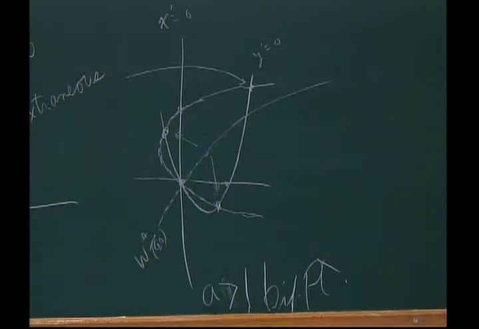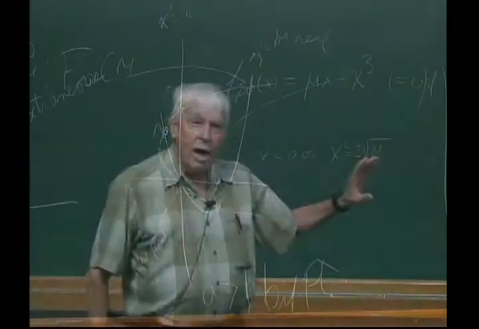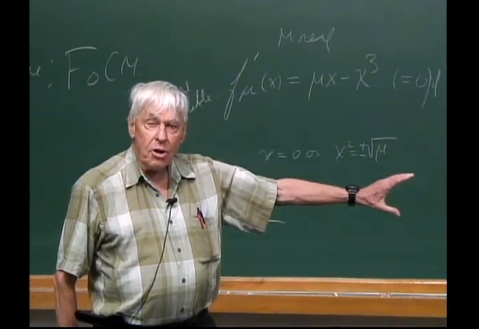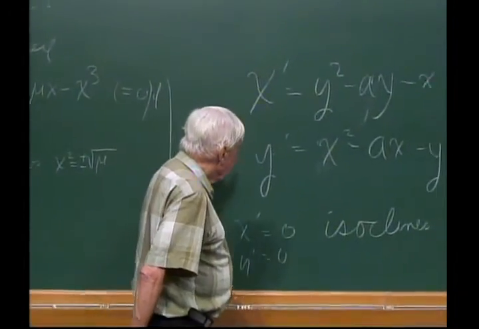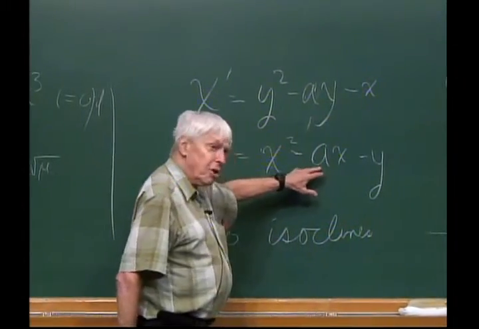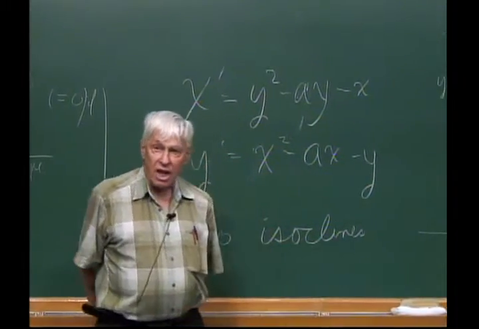Okay, so what we have here is our model for the pitchfork in 2 or more dimensions. This is, I claim, a good model for the pitchfork, a good normal form. This is the normal form, and you can get away from symmetry just by putting B here, and it doesn't change the character.